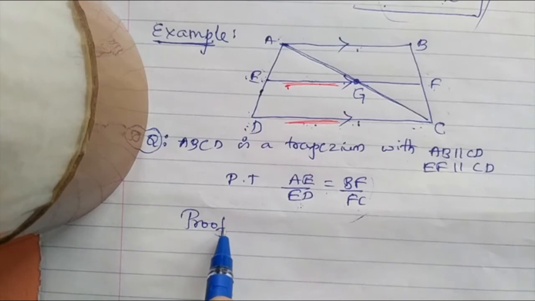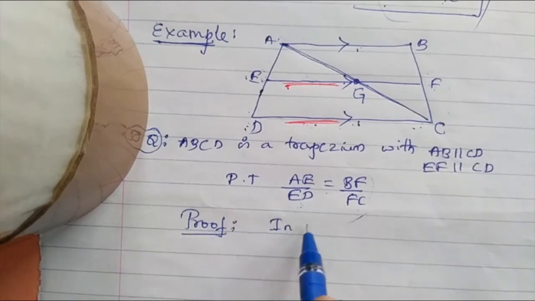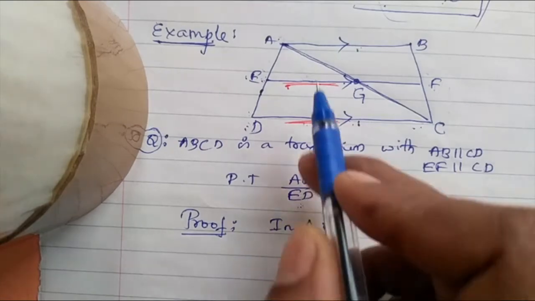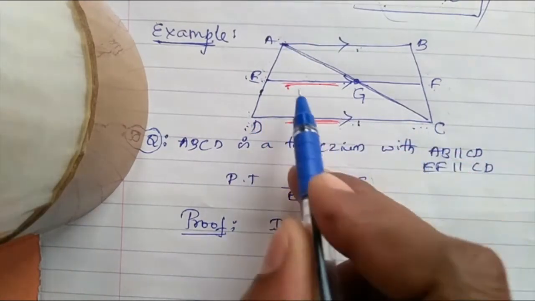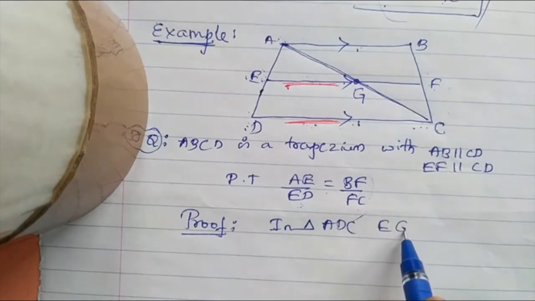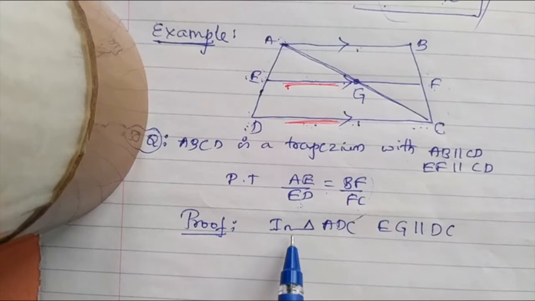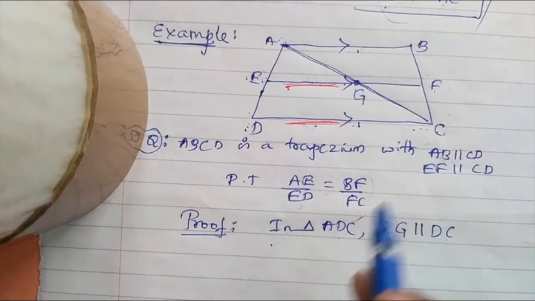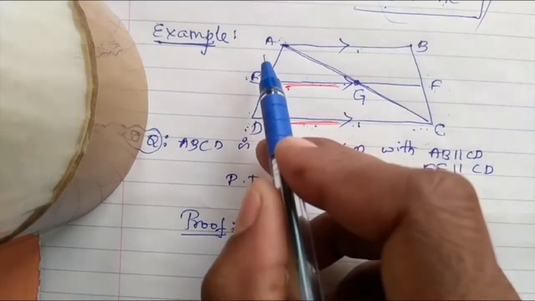Proof. In triangle ADC, after the AC construction, EG is parallel to DC. When you write a BPT result, first select the triangle in which the parallel lines are mentioned, then go for BPT writing. So in triangle ADC, EG parallel to DC, therefore what can I write?